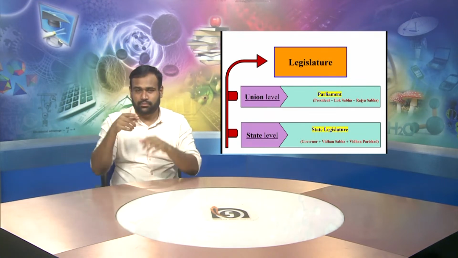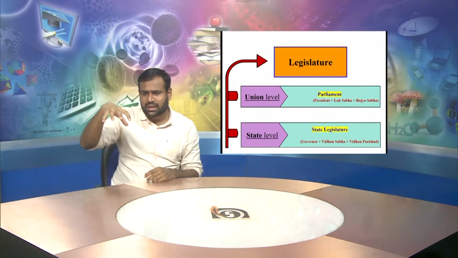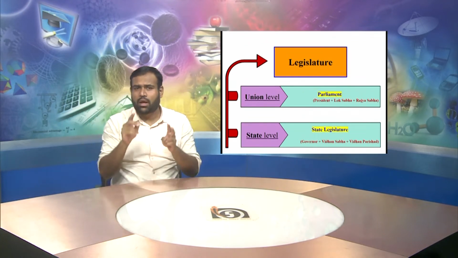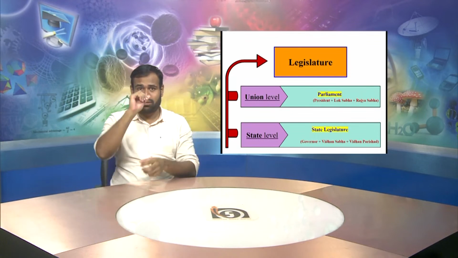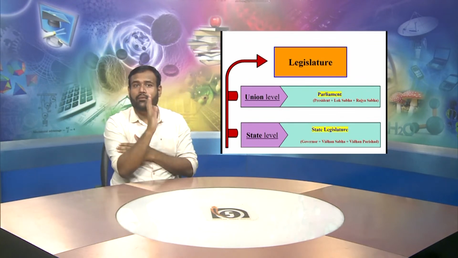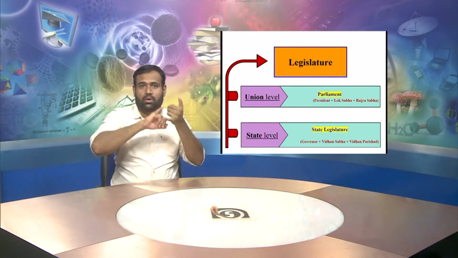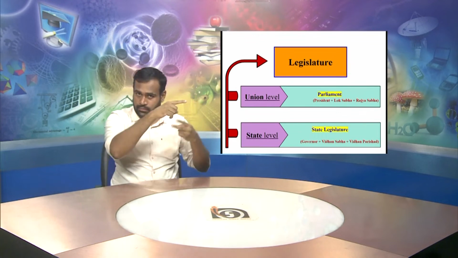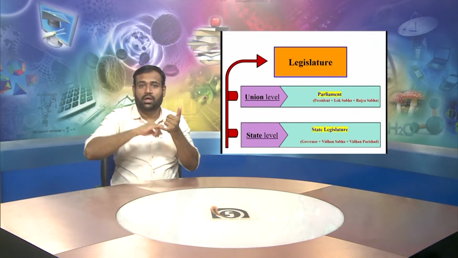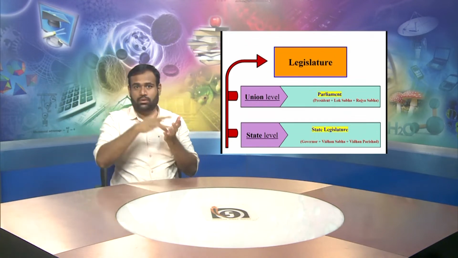Let us now understand the legislature. In India, we have union level legislature, which is parliament, and along with that we have state level legislature, which is state legislature. Parliament consists of three main groups.